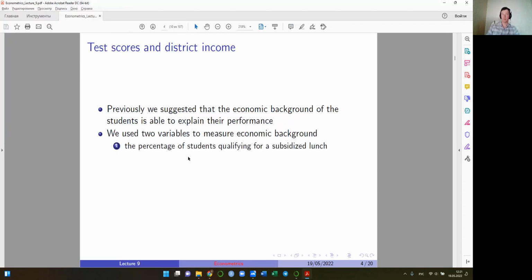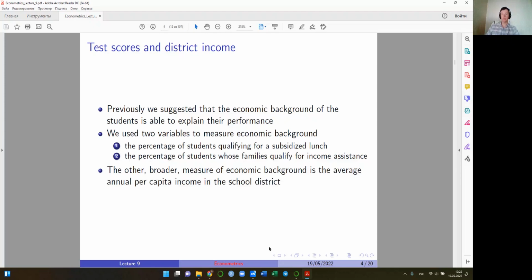One variable was the percentage of students qualifying for subsidized lunch. We used this as a control variable in the multiple regression model. And another proxy for economic background was the percentage of students whose families qualify for income assistance. We haven't discussed this in lectures, but you've read the paragraphs in chapter 7 from the book, and the authors suggested this other variable to represent the economic background.